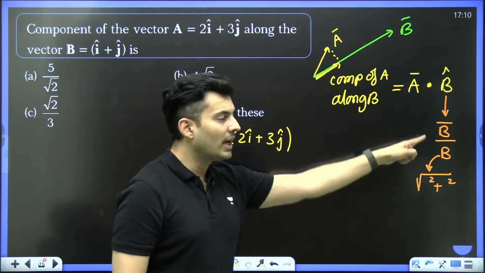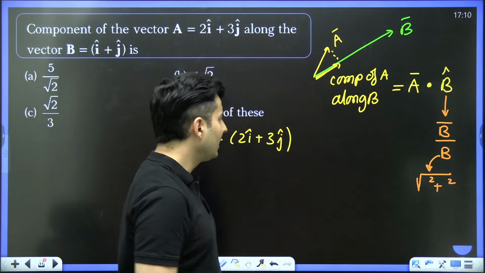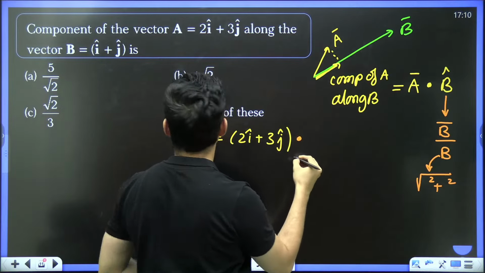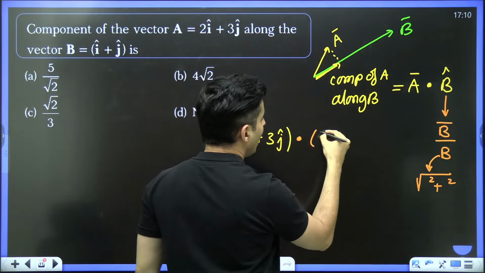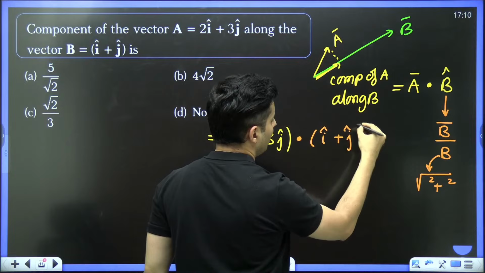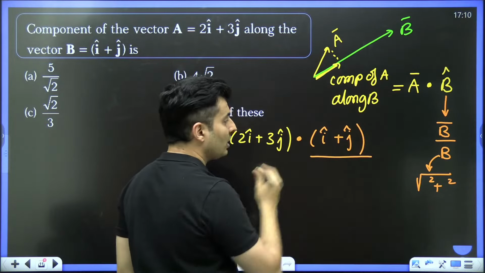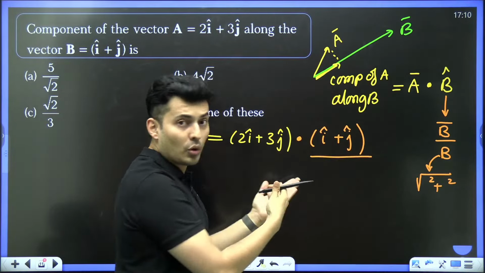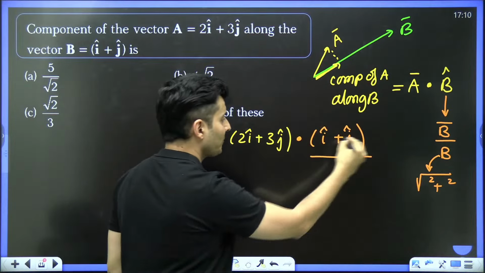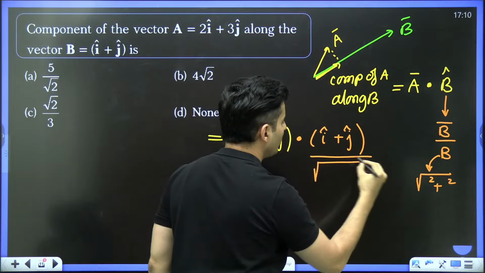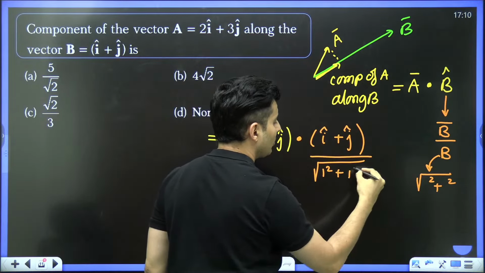So that's how you get it. Take the dot product with vector B, which is i cap plus j cap divided by its magnitude, the root of the squares of the components. So this will be root of 1 square plus 1 square.